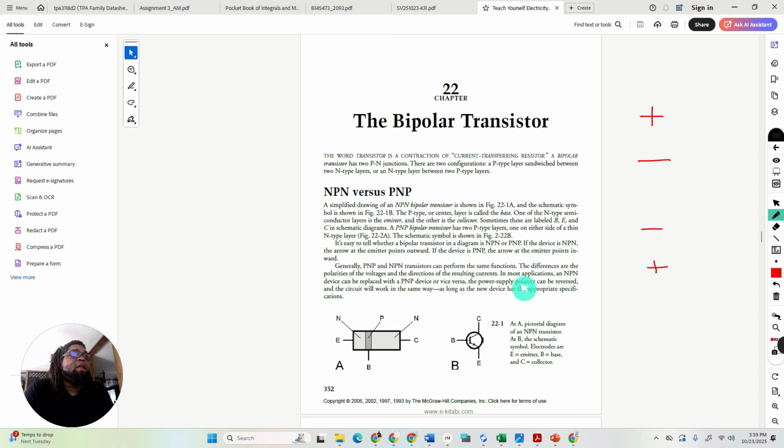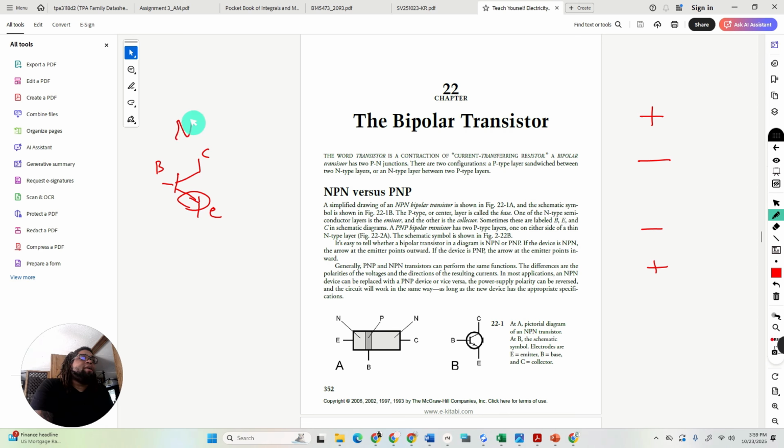Now, let's talk about some symbology really quick, because I don't want to assume that everyone just knows this. So our PNP or NPN transistor looks like this. How can we tell that it's an NPN? It's because of that arrow there that I just drew a circle around. This is going to be the collector, this is going to be the base, this is going to be the emitter. We'll talk about those in more detail a little bit later when we get to the whiteboard.